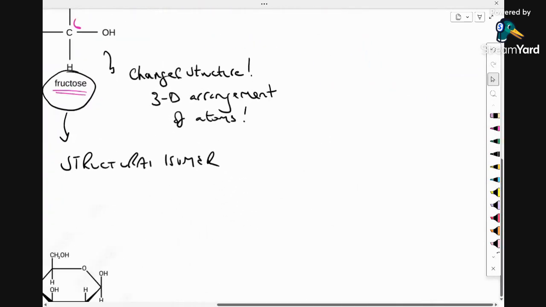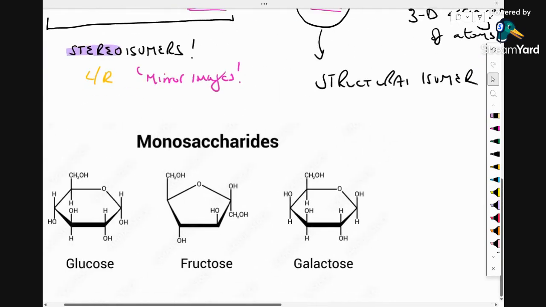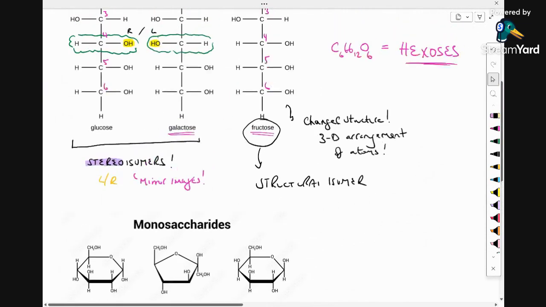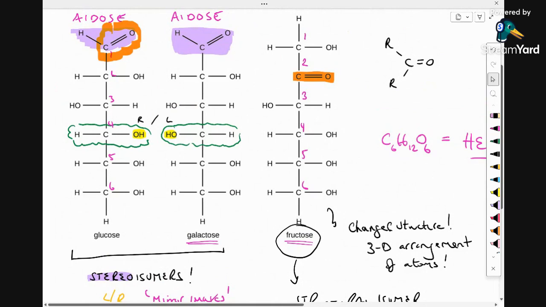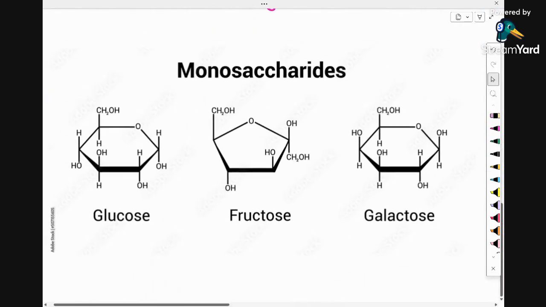And if you were going to look at the cyclic forms, well, like this. Quite why I've so far drawn them as linear chains, and now I'm showing you cyclic forms, which is probably something that you're more familiar with. Again, glucose here has the typical hexagon structure, as does galactose.